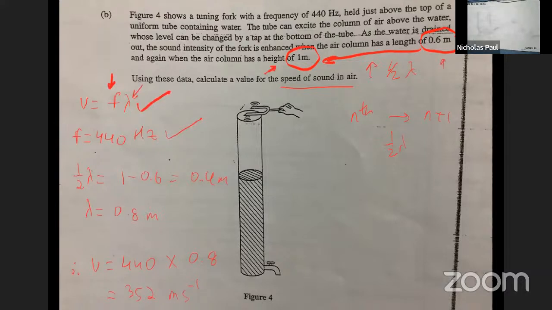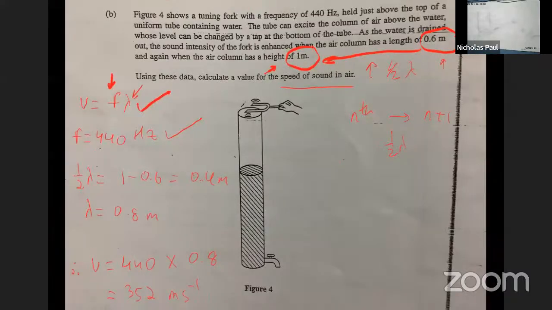The question said there was an intensity at 0.6 to 1, so that's one harmonic to the next. They didn't tell us which harmonic. All we could figure out is that from one harmonic to the next is half a wavelength. Then you do your working and figure it out. So please learn to break your questions down like that.